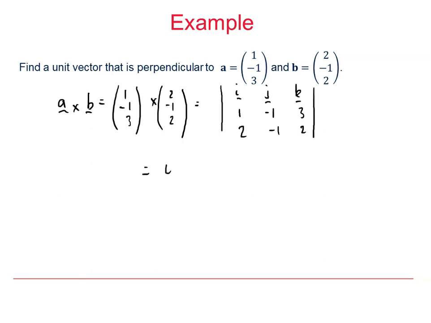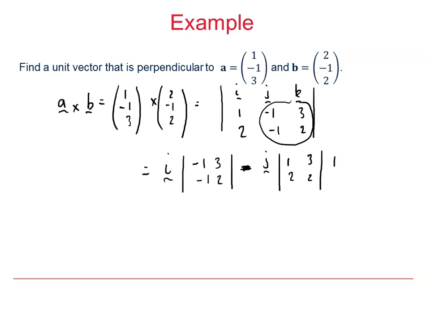So that will be equal to i multiplied by the little 2 by 2 matrix, negative 1, 3, negative 1, 2, which is given by this block here. And we continue like that. Remember though, it would be minus of j, and then the first column 1, 2, and the last column 3, 2, and plus k with the first two columns, so 1, 2, negative 1, negative 1.